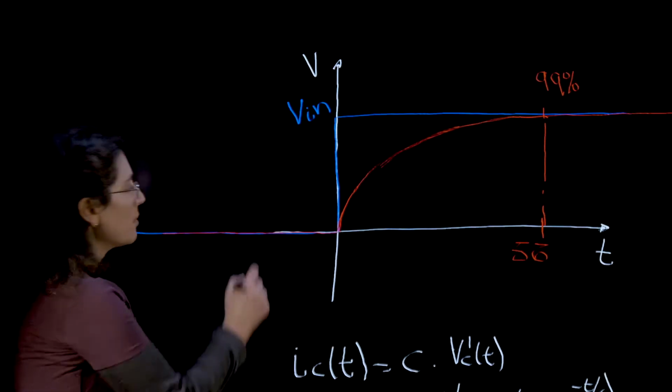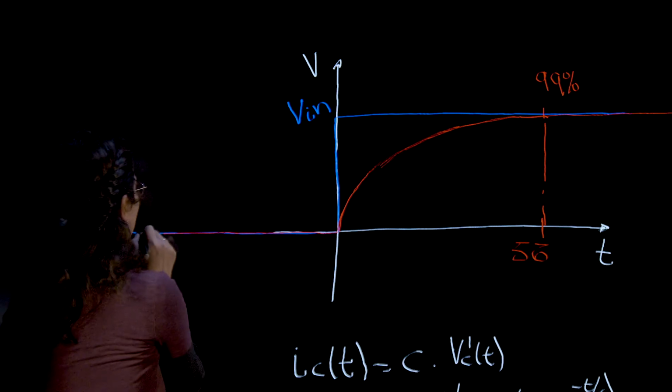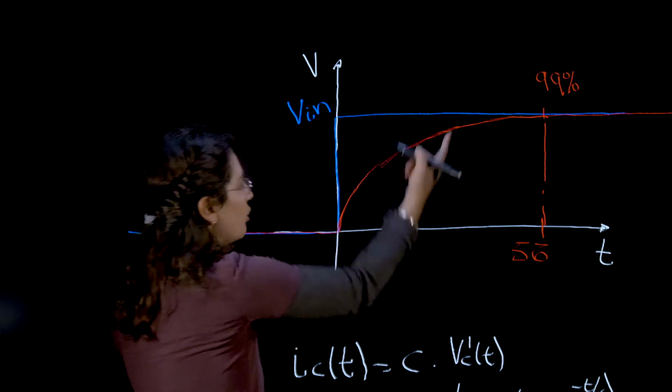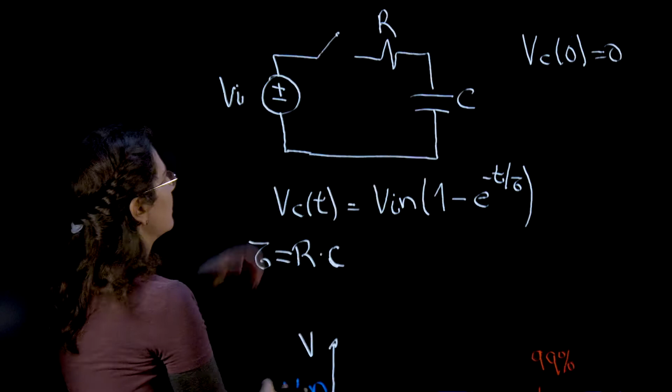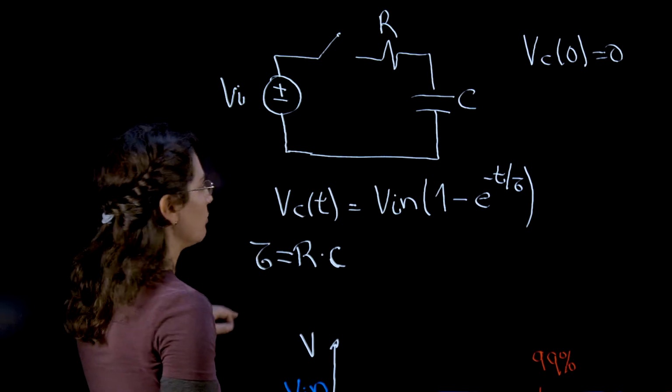So the current, before we switch on the voltage source, is also 0. Nothing is flowing in the circuit. The circuit's open, so nothing's flowing.